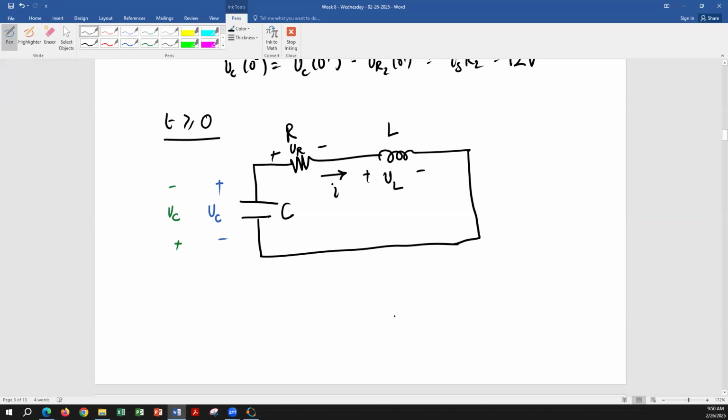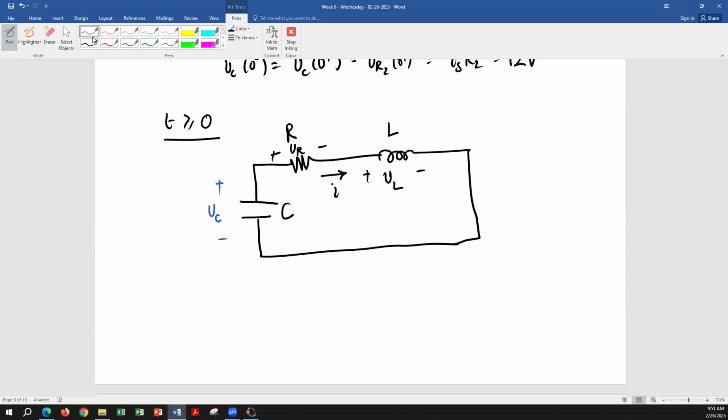Okay. So negative V_C plus V_R plus V_L is equal to 0. So V_L is equal to V_C minus V_R. Again, if you keep the same polarity, so positive V_R, positive V_L, negative V_C equals 0.